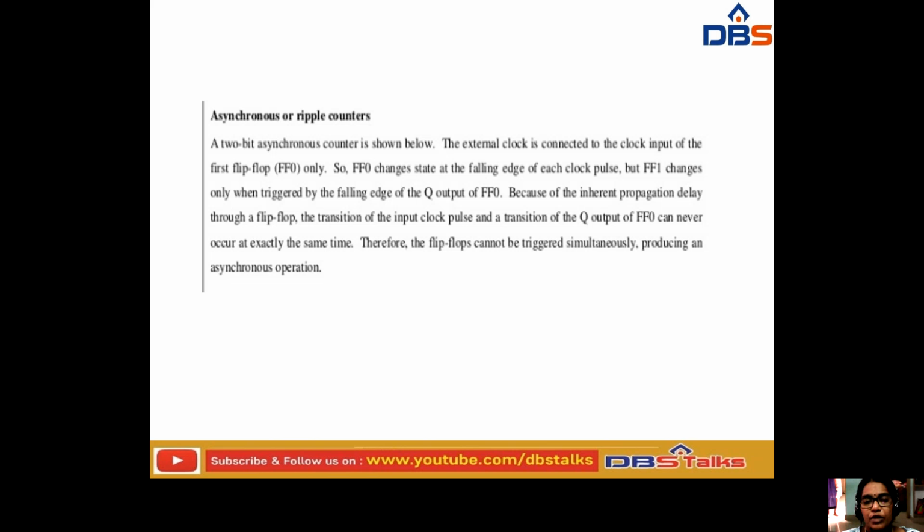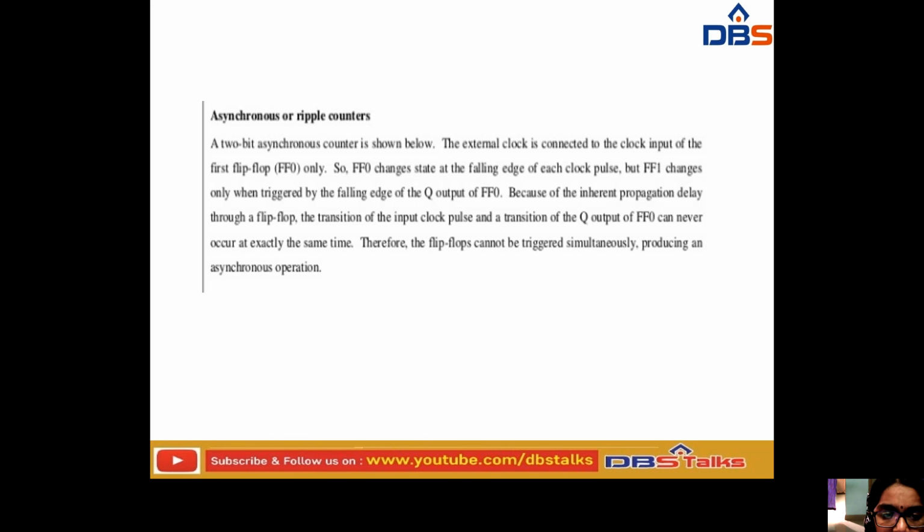The transition of the input clock pulse and the transition of the Q output of FF0 will not occur at exactly the same time. Why? Because the flip-flops cannot be triggered simultaneously, producing an asynchronous operation.